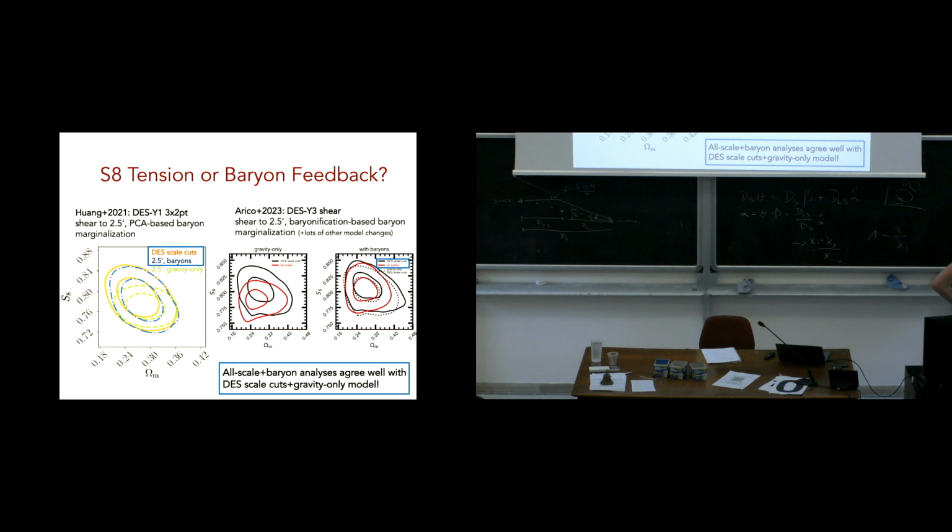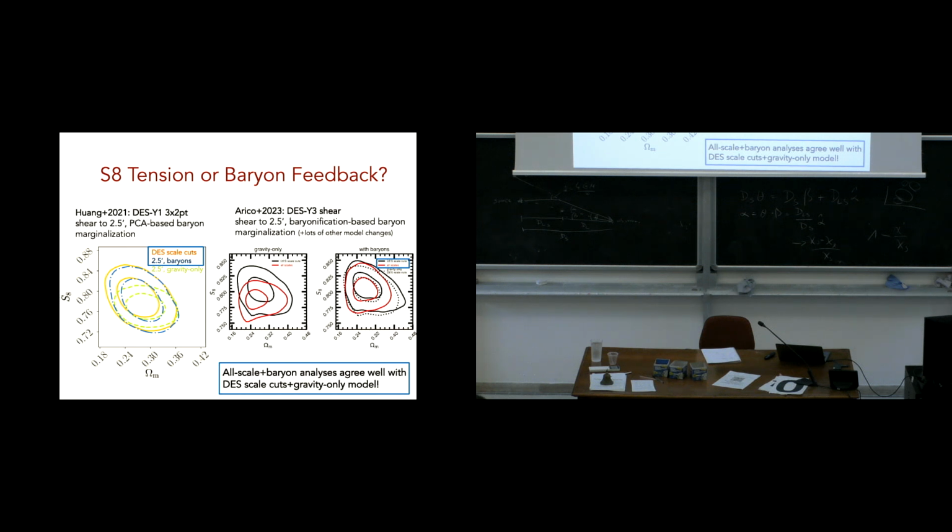The important thing to compare here is what I'm highlighting in the blue boxes. That is the fiducial DES analysis, shown as the orange line, compared to an analysis including all scales with baryon modeling. So that's orange versus blue here, and solid, sorry, that box is wrong.